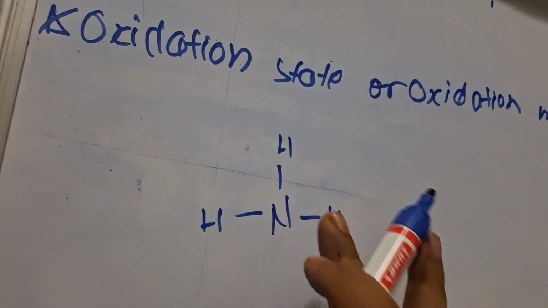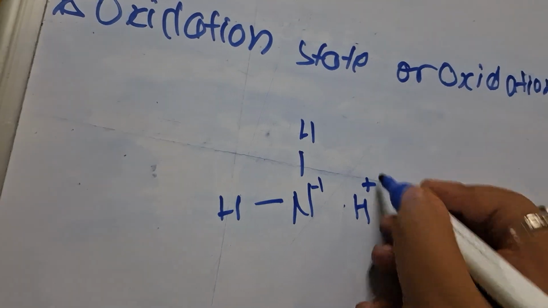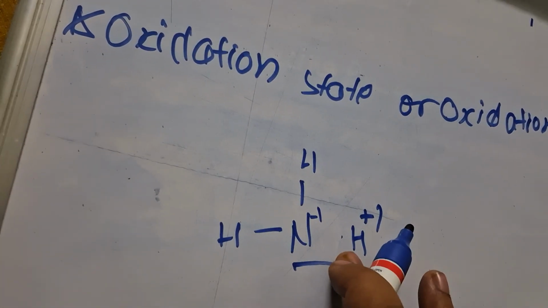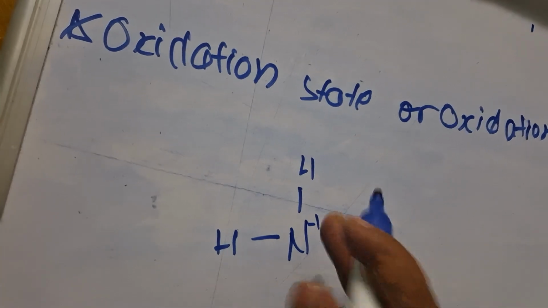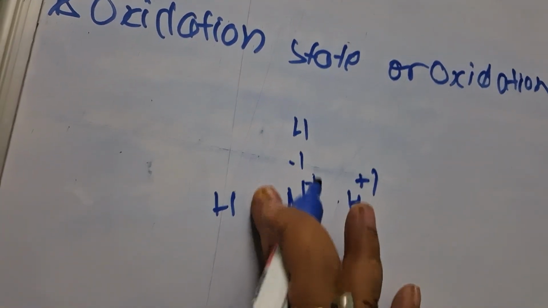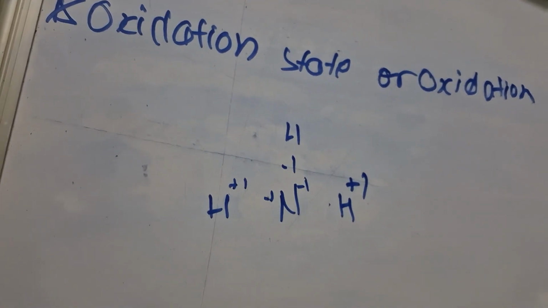So when you break this bond, a -1 will come here, a +1 will come here, because nitrogen is more electronegative than hydrogen. When you break this bond, another -1 will come here, and there will be +1. When you break this bond, another -1 will come here, and there will be +1.